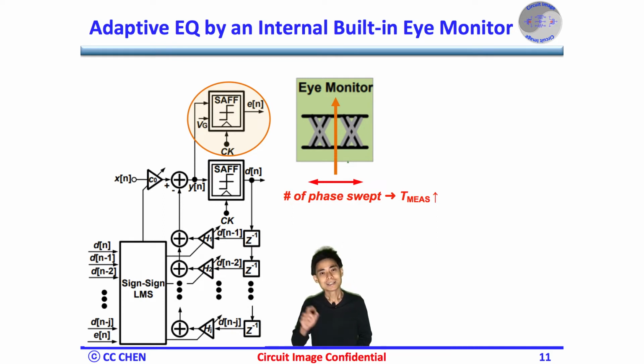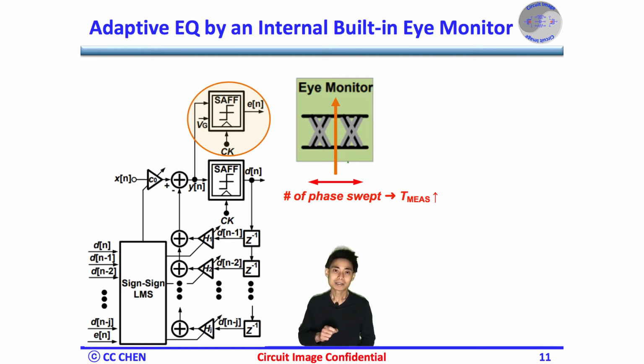As you can see, in addition to the vertical voltage being swept, the horizontal phase must be swept too. To have a meaningful resolution, the number of phase sweeps was usually chosen to be 16 or 32, which would increase the measure time by a factor of 10.